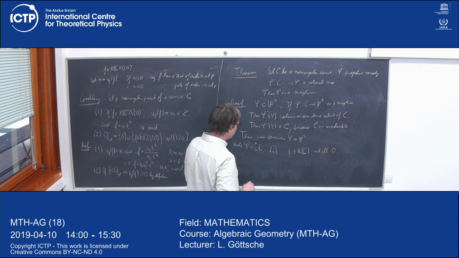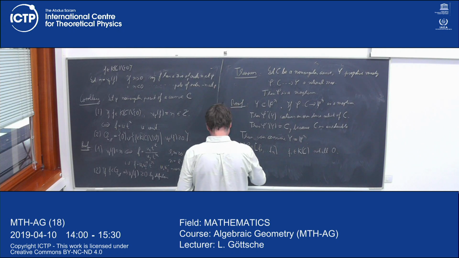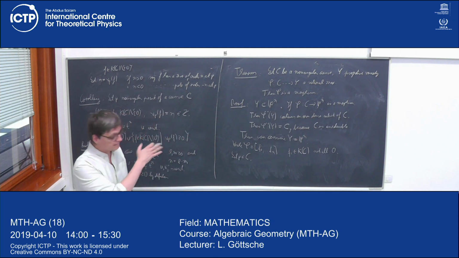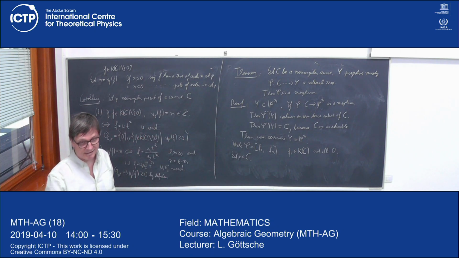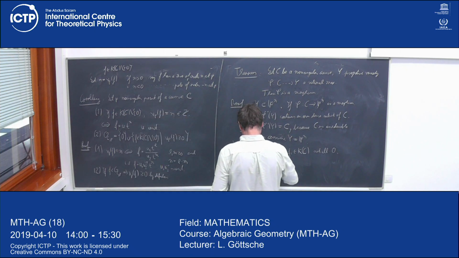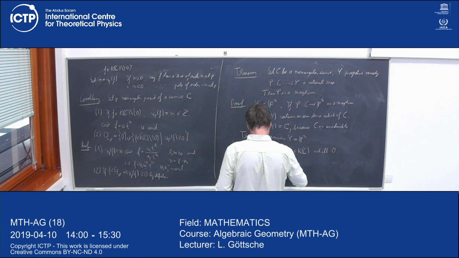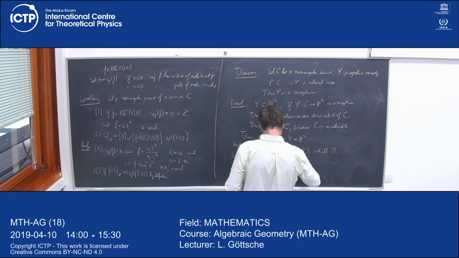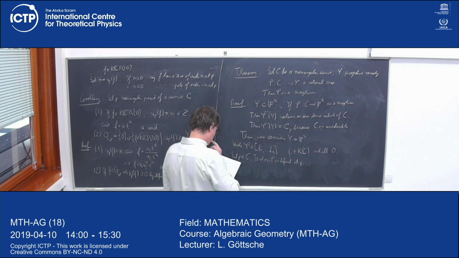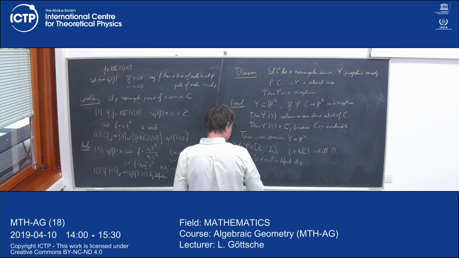So now we take a point, let P be a point in C. We want to show that it's defined at this point. If it's defined at every point, it's defined. Now we can use our uniformizing parameter.